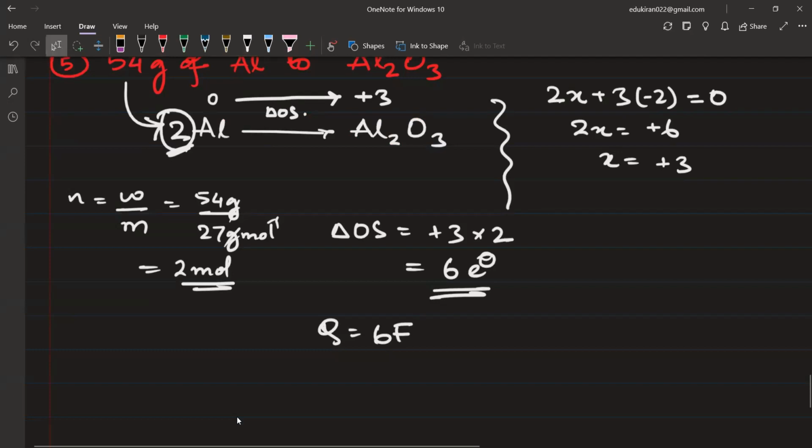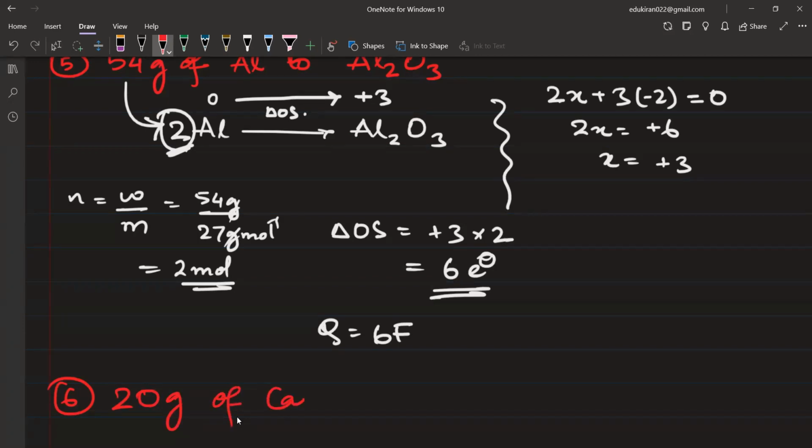All right, next question, and then we will answer this. Send the answer on WhatsApp for this one. 20 grams of calcium from calcium chloride.